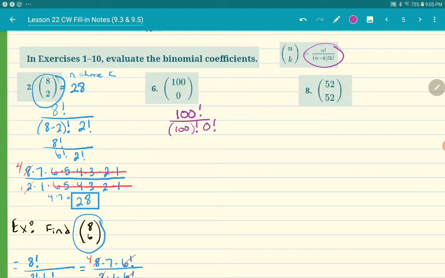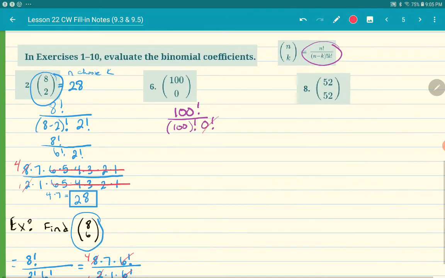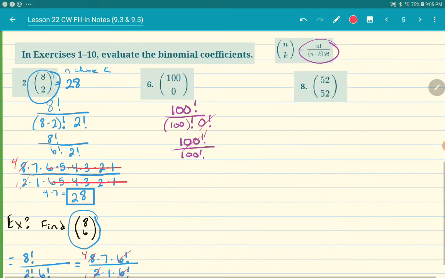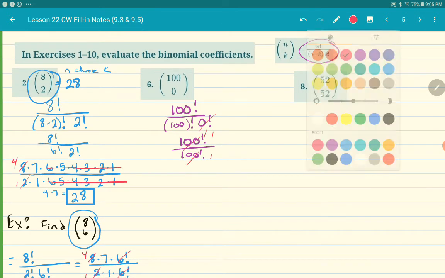Remember our exception rule, 0 factorial equals 1. And then 100 factorial over 100 factorial, these both cancel, so that's really 100 factorial over 100 factorial, which equals 1 over 1, which is just 1.